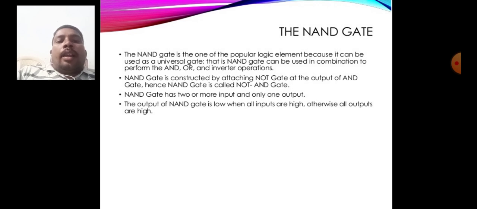Now the NAND gate has two or more inputs but only one output. The output will be only one, but the inputs can be 2, 3, 4, 5, whatever it may be.